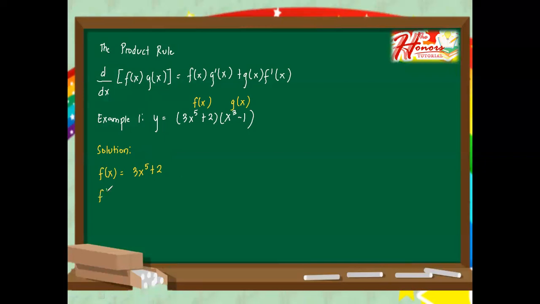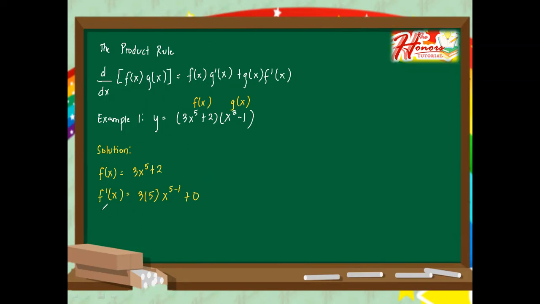So we have here f prime of x is equal to 3 times your exponent, which is 5, x raised to 5 minus 1 plus 0. It is plus 0 because 2 is a constant. We are just applying the constant rule for derivatives. So any constant will become 0.